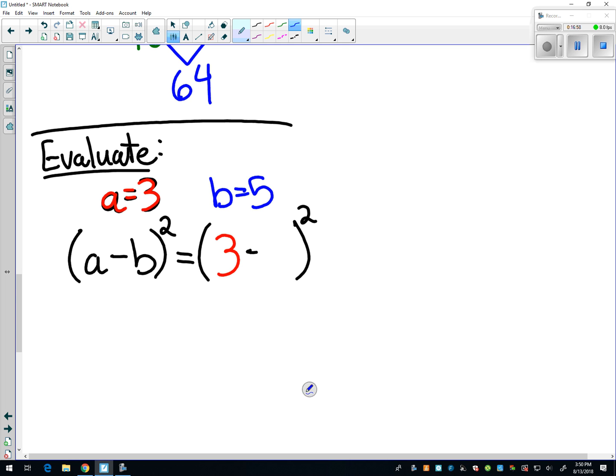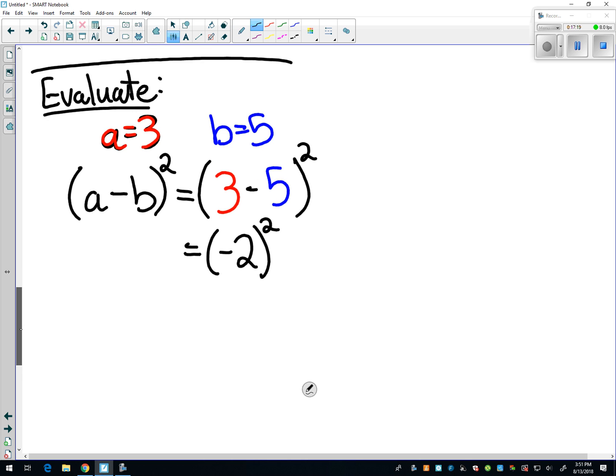Since B equals 5, everywhere I see a B, I'm going to put a 5. And I'm going to continue from there. So this equals, well, 3 minus 5 is negative 2 squared.